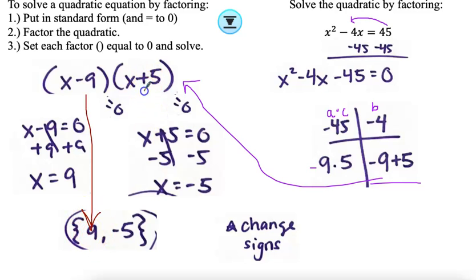Same thing here, if it says plus 5 in parentheses, it'll be a minus 5 for your x-intercept. So if you want to remember that shortcut, great. If you want to do the math every time, also great. So that is an example of how you solve by factoring when your A value is a 1. Let's talk about another example.